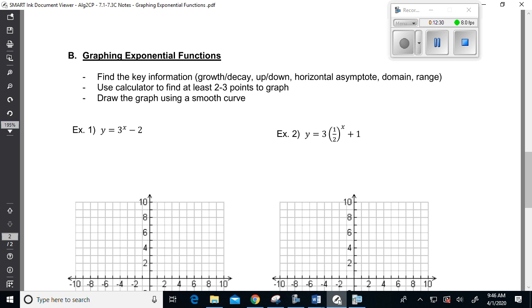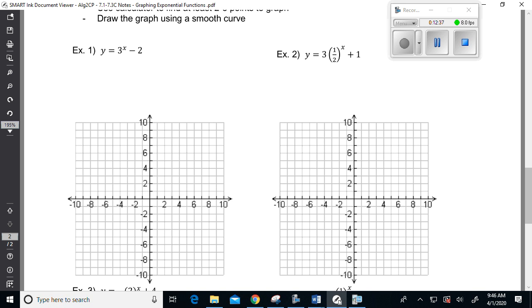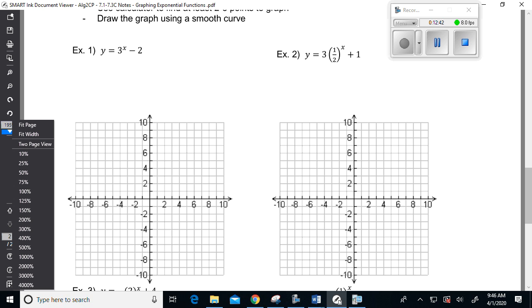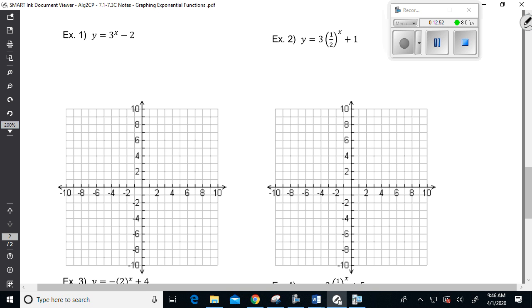So let's go ahead and start working this out. Example 1, y equals 3 to the x power minus 2. We find all the parts that we did at first. As far as growth or decay, that's a 3, so this is exponential growth.